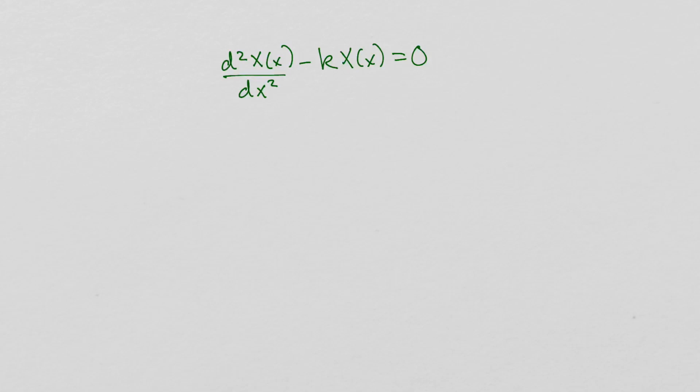So here we can say that our k is equal to negative beta squared. Okay, so all that's saying is that we will know that k is negative if our beta is real.